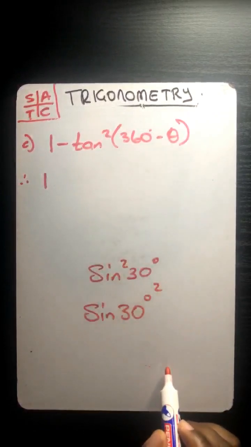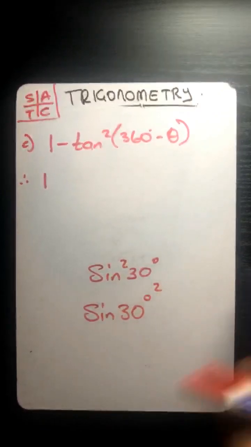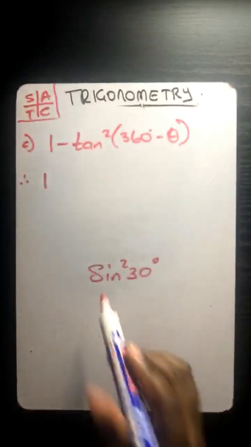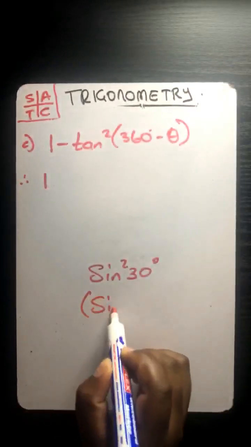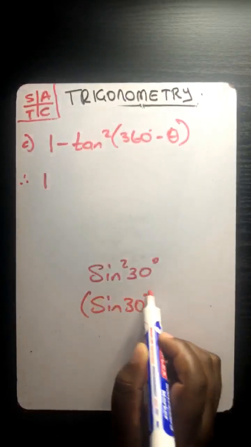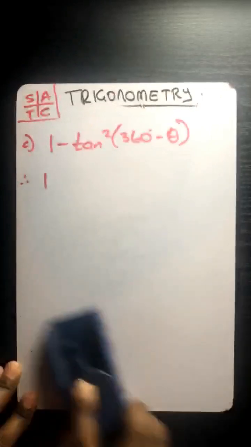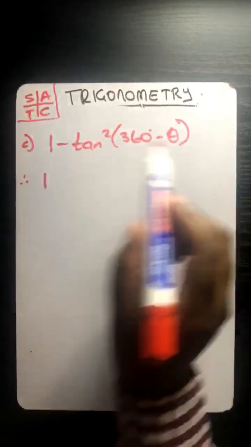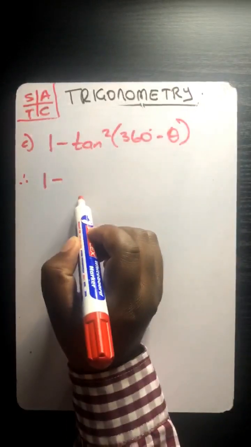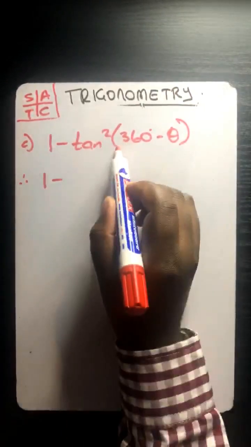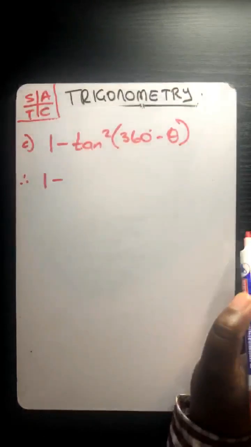But what you should at all times remember is that the moment you want to write it in the simplest form, you say sine 30 degrees and then you write that squared to the outside. So that means this one, it's going to be minus, because you already have an angle that you need to reduce.